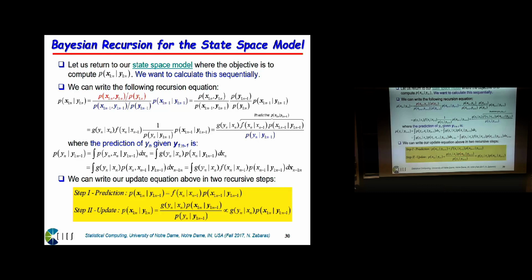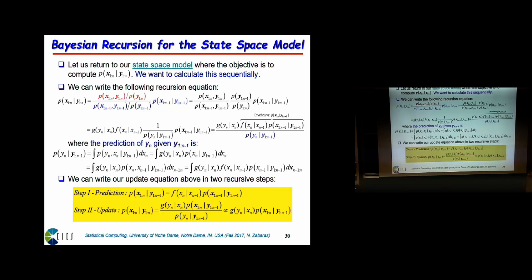You need the predictions of all the states, including xn, ahead of the data at n minus 1. So this is really a prediction step. And where is that prediction? That prediction is basically this product that you see there. That product allows you to compute this term, okay? And then you have this in the denominator.